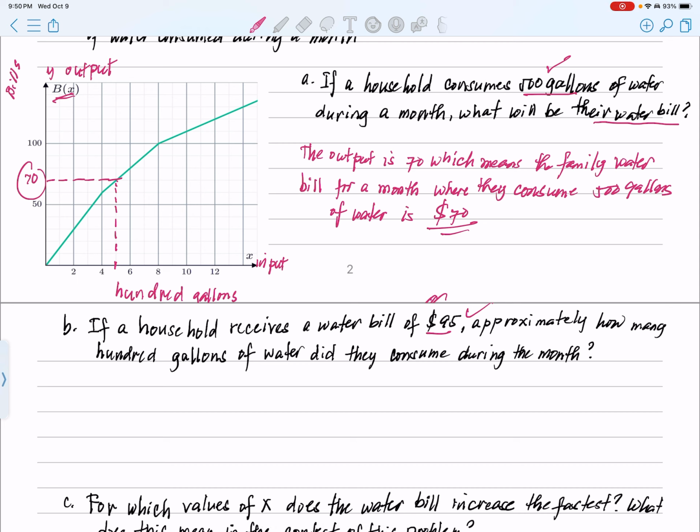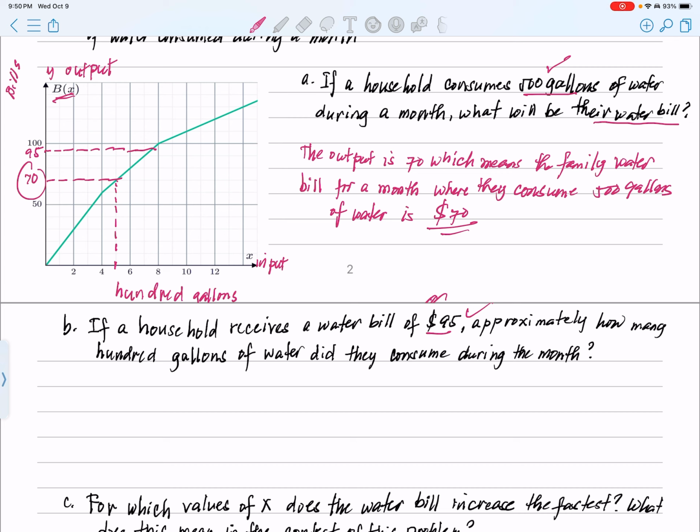Let's say somewhere here. This is the 95. From the output, that is the vertical B of X axis, the water bill is represented.